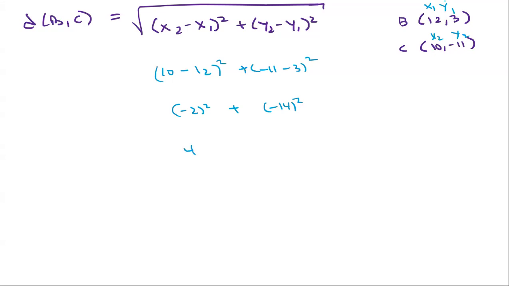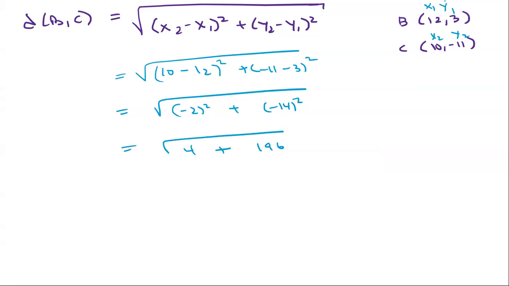So -2 squared is 4, and -14 squared is 196. These are still under the radical, so 4 plus 196 gives us radical 200.